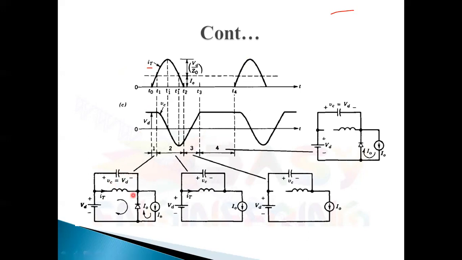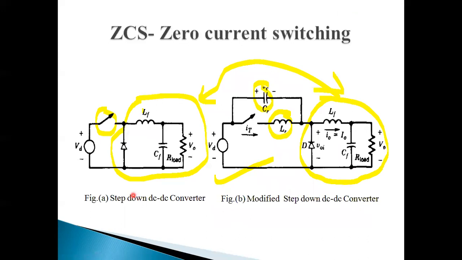Remember. Okay, now in first mode what happened? If you clearly see, the current is flowing through this direction. This is DC voltage, so the polarity is not changing, it is fixed. So the current is flowing from positive polarity to negative polarity.